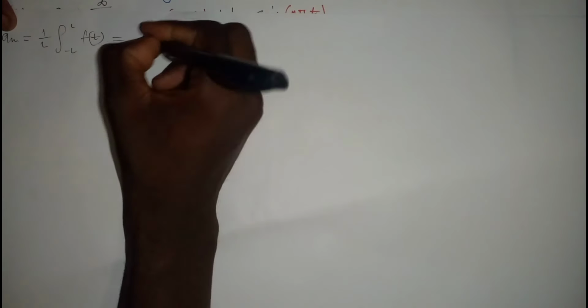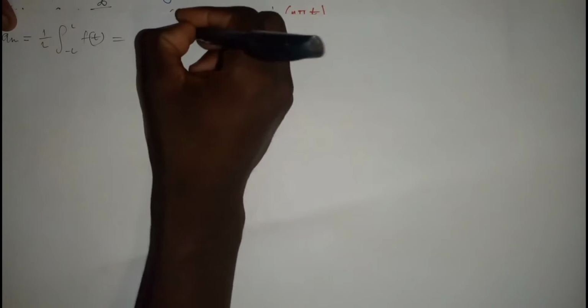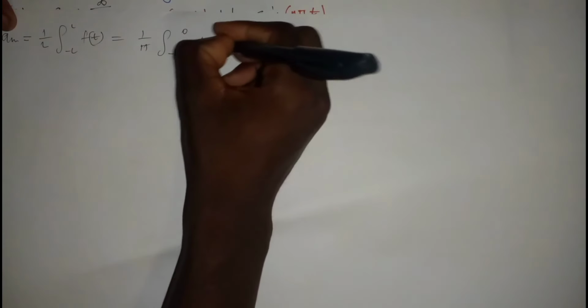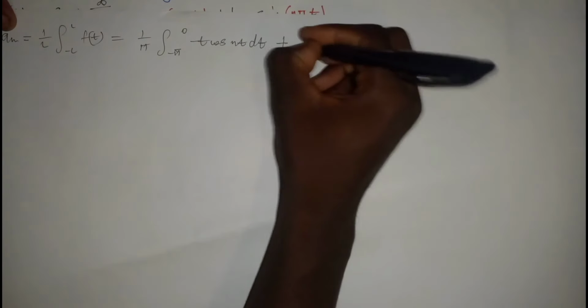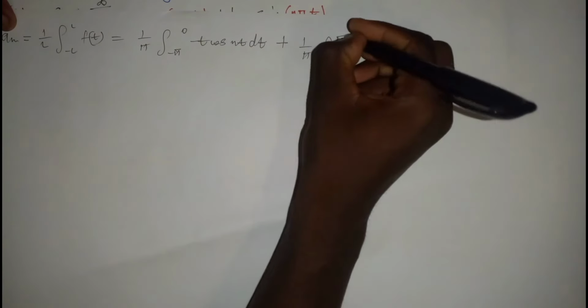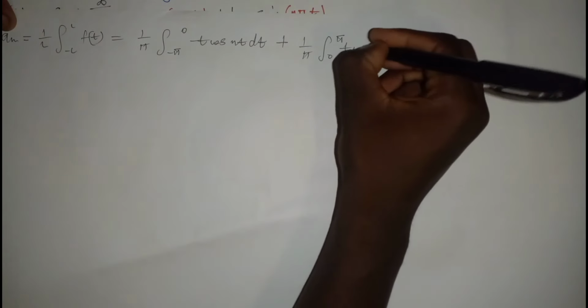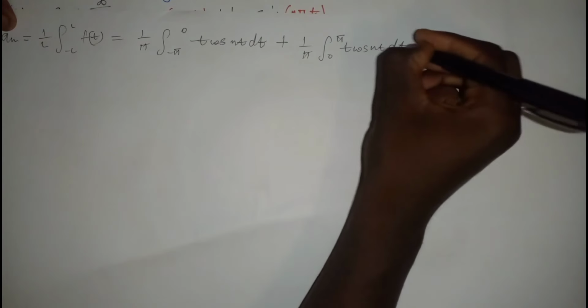It's equal to the integral 1 over L, we said from negative L to L of f(t), and say this one was equal to 1 over pi, negative pi to 0, negative t cos nt dt plus 1 over pi, 0 to pi, positive t cos nt dt.